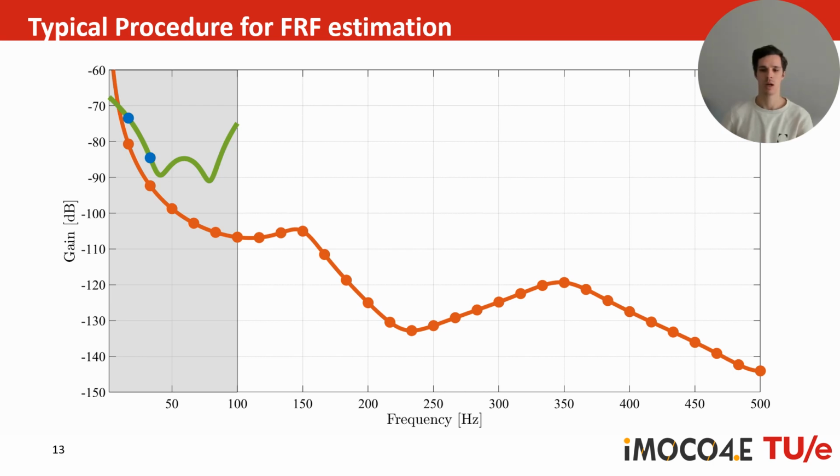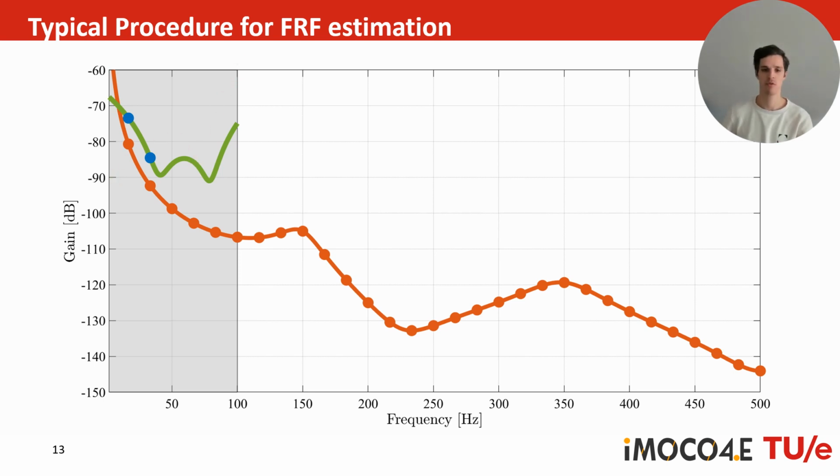So how does this actually look? For the system here in red, we create a window, and in this window we fit a polynomial here in green, and then for the central frequency we set the value. Then we move the window to the next frequency and keep on moving.